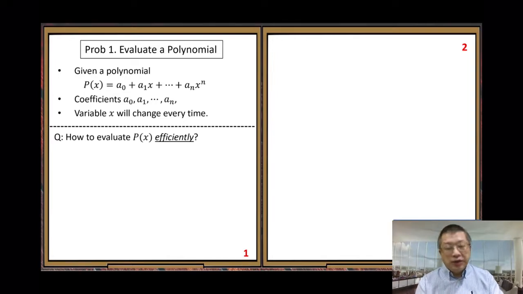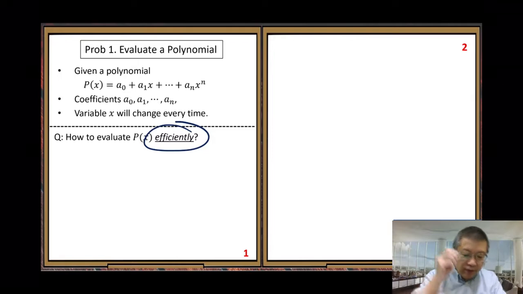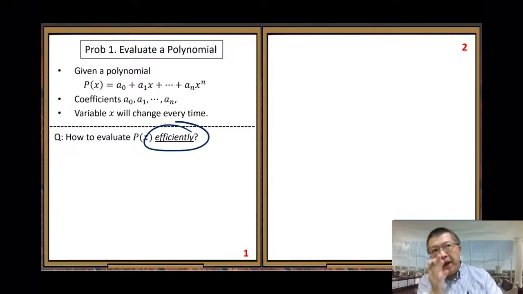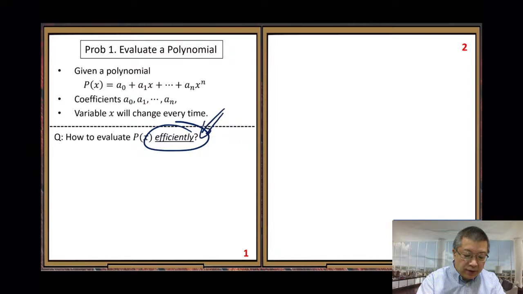So here, this word efficiently is very important. Because for this problem, it is pretty easy. If you want to find the correct answer, that is very easy. But here our main concern is to do it as fast as possible.